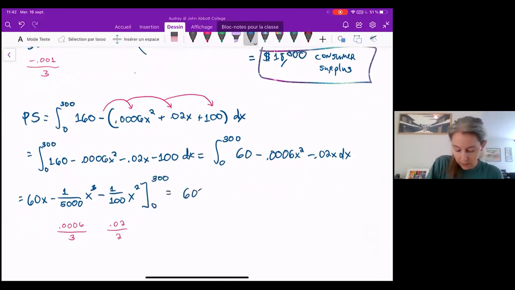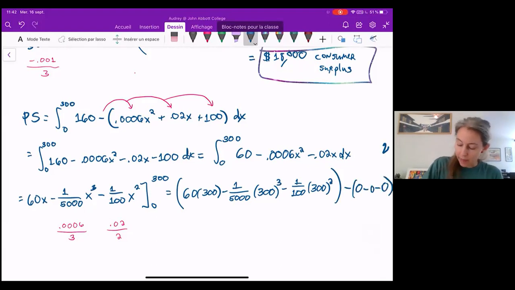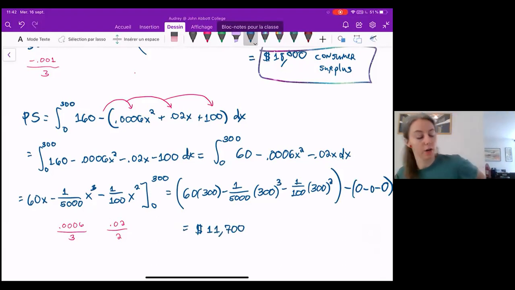So that's 60 times 300 minus 1 over 5,000 times 300 cubed minus 1 over 100 times 300 squared minus 0 minus 0 minus 0. And this will give us a final value of 11,700. Sorry, I didn't feel like doing that part in my head. 11,700, producer surplus.